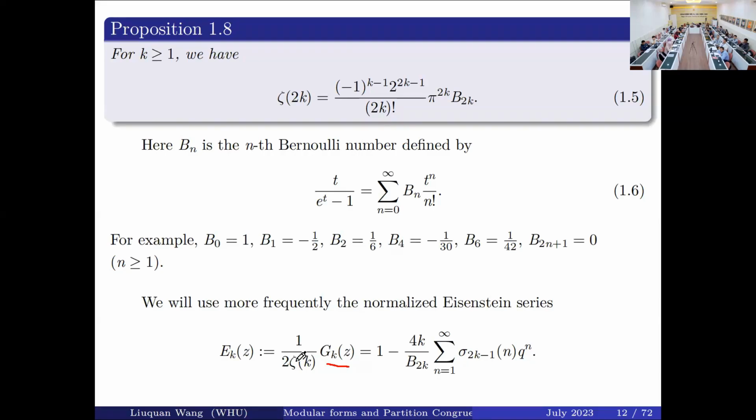After dividing by 2 times zeta of k, the Eisenstein series becomes a power series with only rational coefficients. This is denoted by E_k(z). It is called the normalized Eisenstein series because now the leading term is 1.